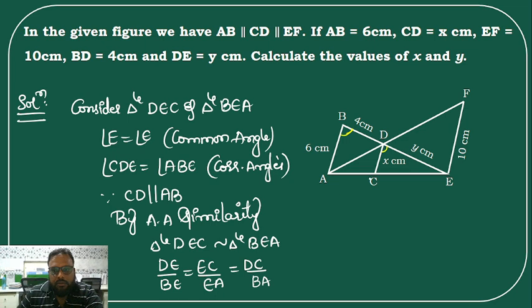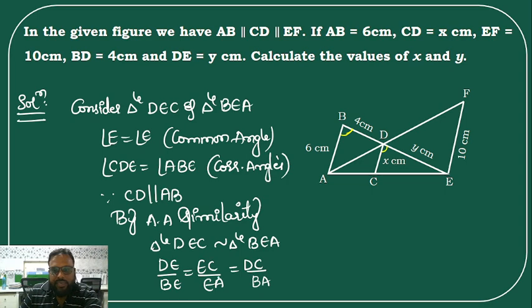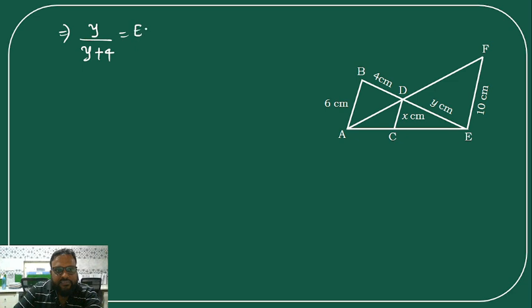Now let us take DE by BE, the complete part we have here. If we substitute the values, DE is Y, so I can write Y by BE, and BE will be Y plus 4, is equal to EC by EA. EC by EA we don't have, so let us keep this as it is.